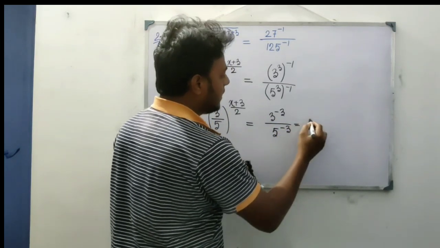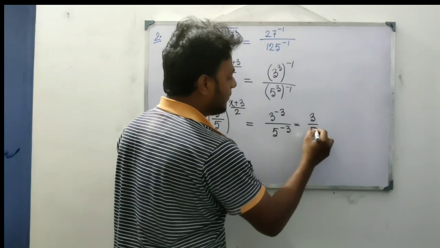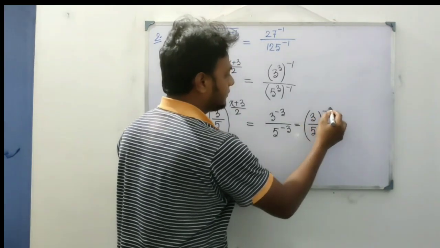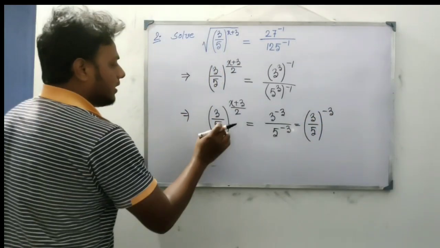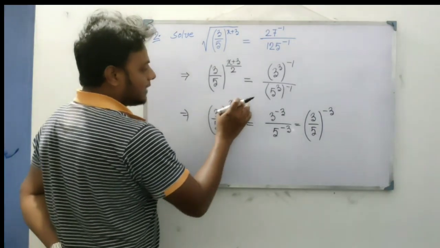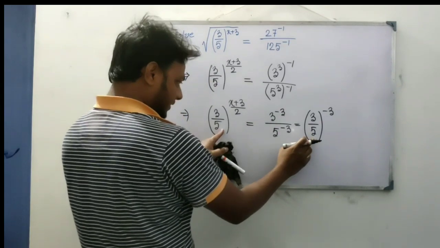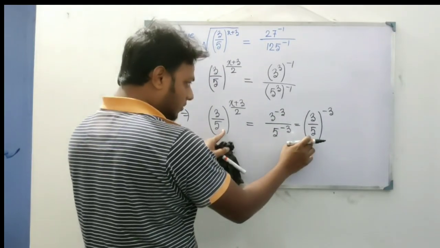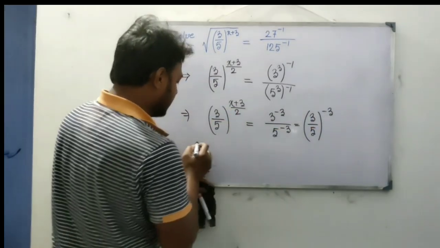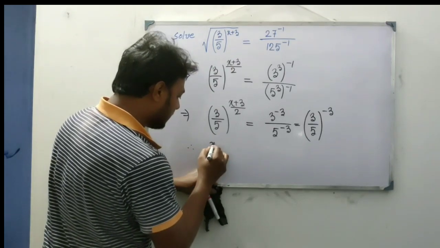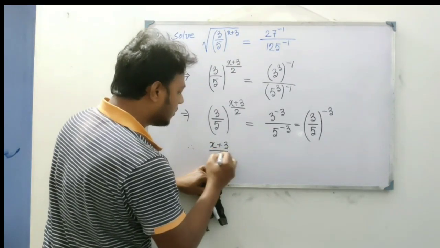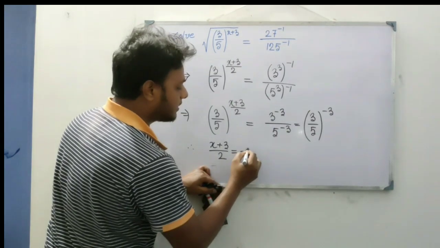So this is nothing but 3 by 5 whole to the power minus 3. Now see, 3 by 5 whole to the power x plus 3 by 2 equals 3 by 5 whole to the power minus 3. Since the bases are the same, you can conclude that the powers must be the same. So from this line you can conclude that x plus 3 by 2 must be equal to minus 3.